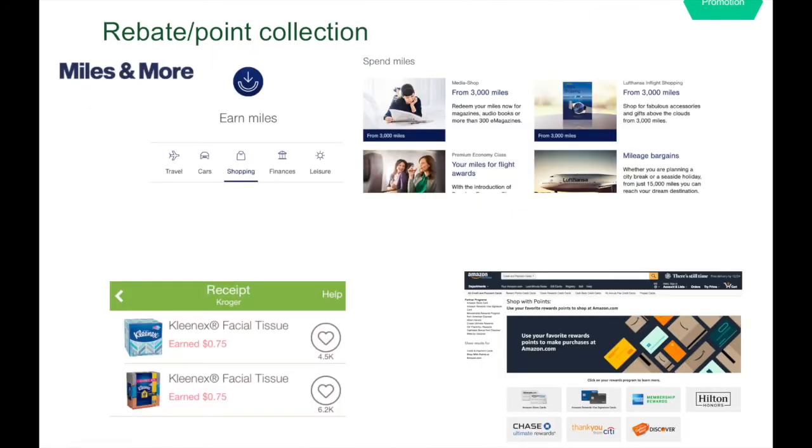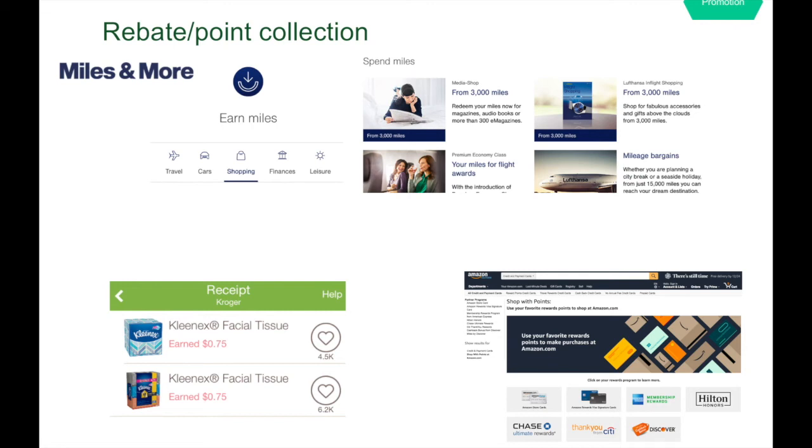Rebate point collection is obviously almost the same: you get a rebate immediately, or you get points that you can use later and then you don't have to pay in the future. A typical, very widely known example would be loyalty programs like Miles and More from the Star Alliance group.